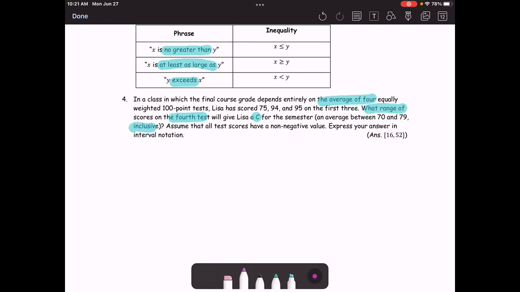So let's get started with identifying or defining the unknown. Our goal is to find the range of the scores for the fourth test. So let x be the score on the fourth test.